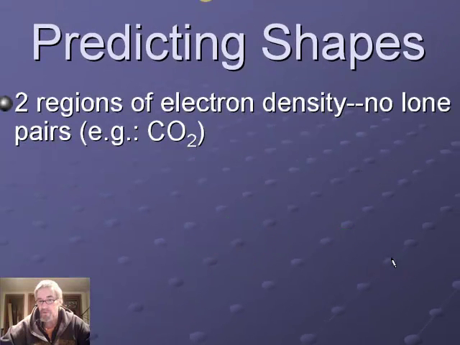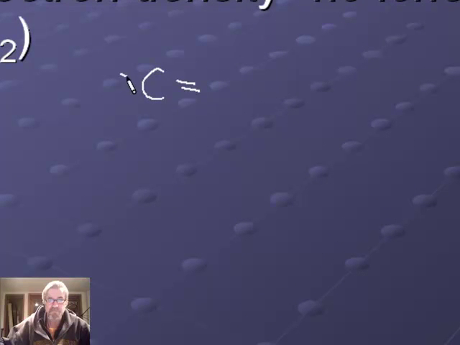Let's look at some examples and build up our knowledge of shapes by using examples. So first of all, we're going to look at 2 regions of electron density with no lone pairs. CO2 would be an example of this. If I draw the Lewis structure for CO2, we've done this before, we know what we come up with.